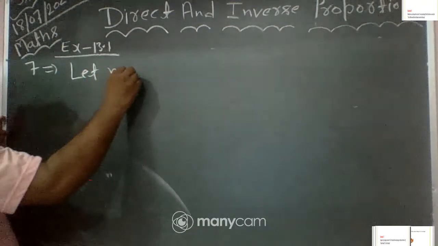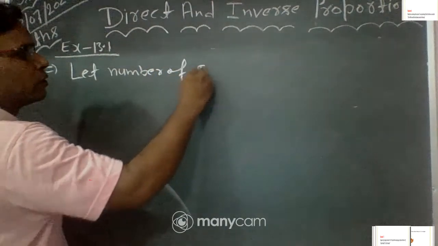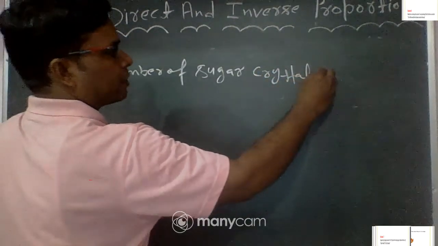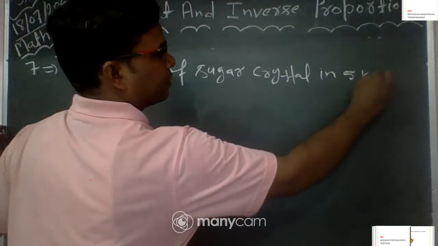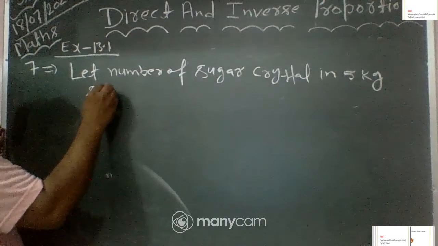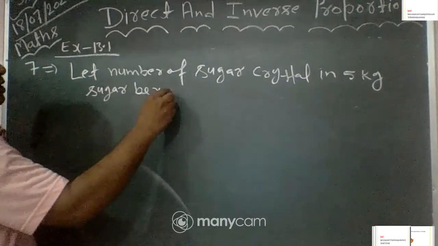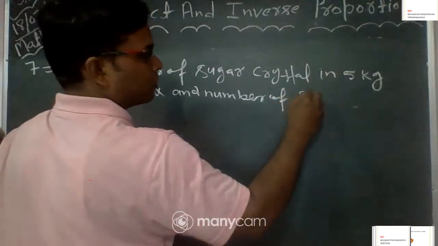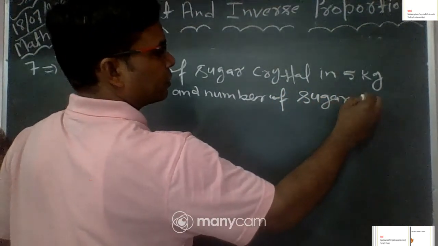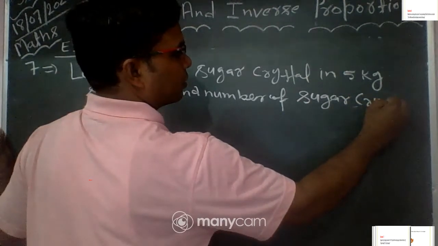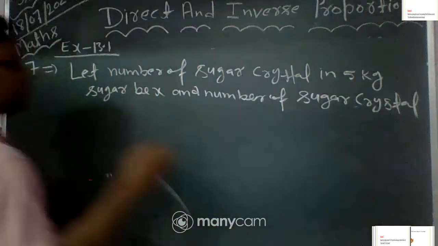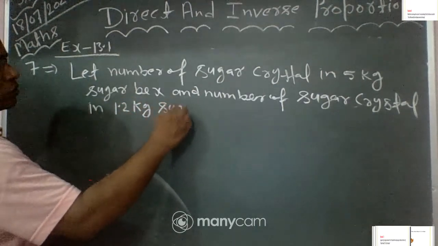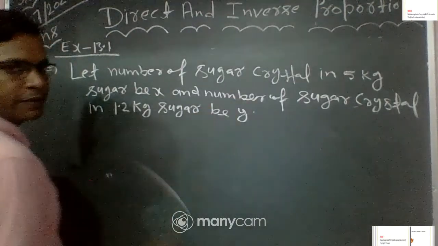Let the number of sugar crystals in 5 kg sugar be x, and the number of sugar crystals in 1.2 kg sugar be y.